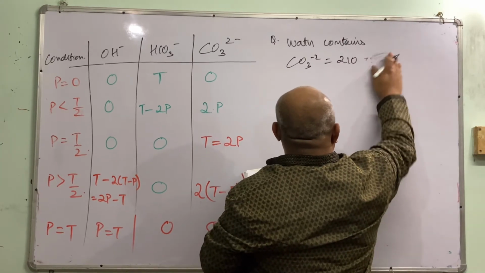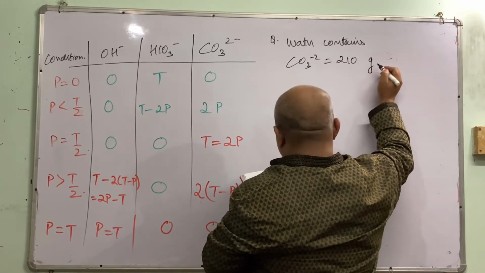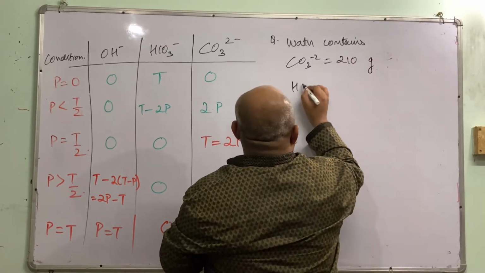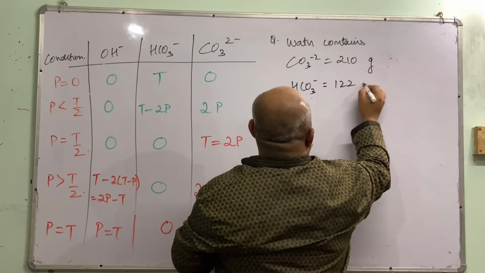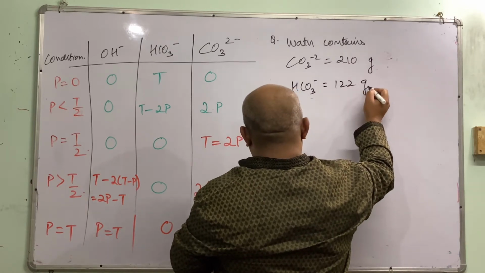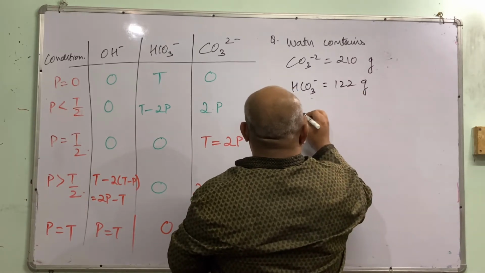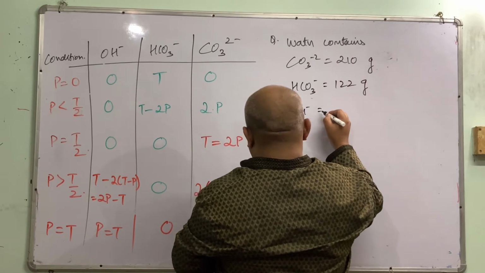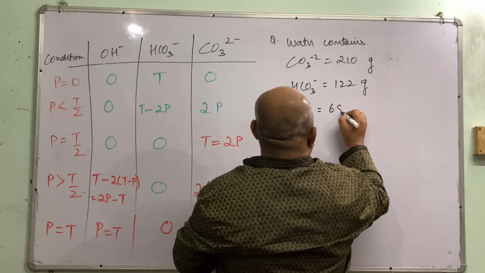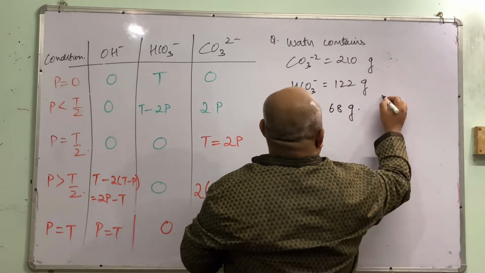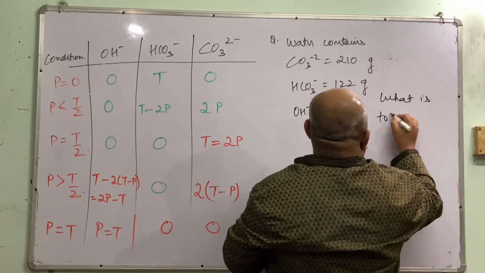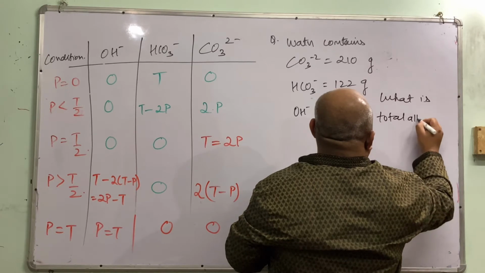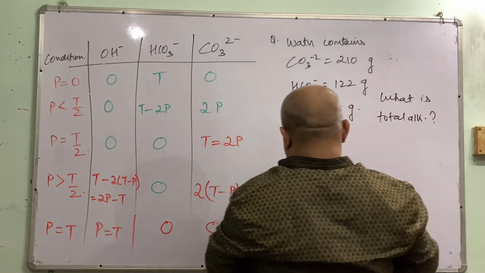Bicarbonate is 122 and OH is equal to 68. What is the total alkalinity?